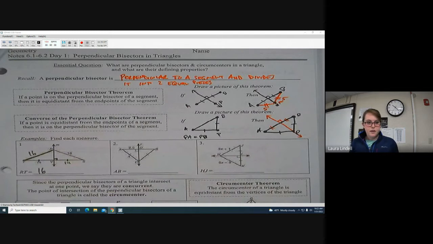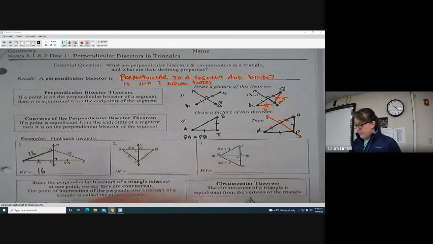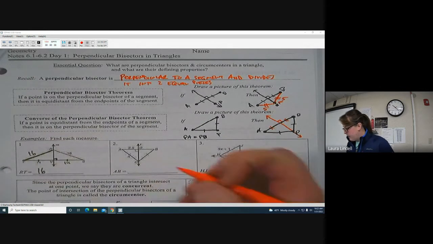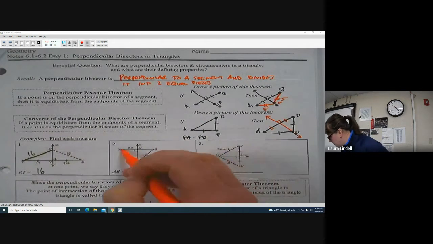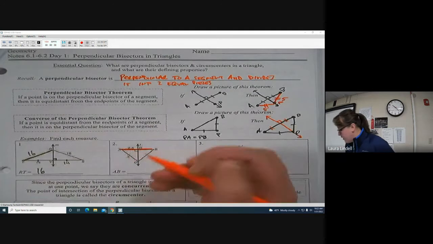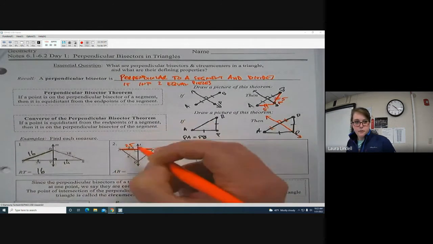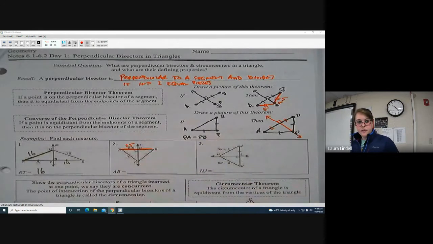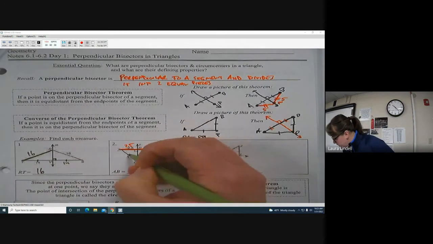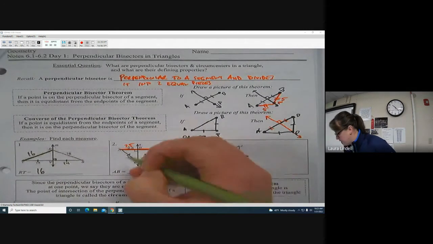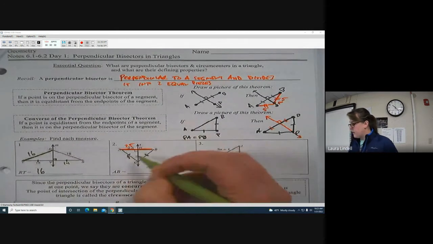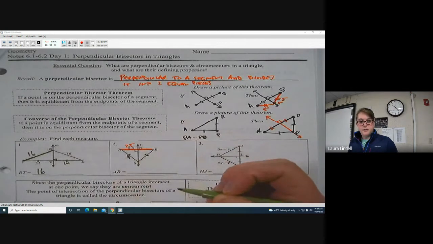Cool. All right, we can do something similar here. In this case, we're looking for AB, this distance right here. And we know that this is 2.5. I'll make that a little bigger because it's kind of hard to see. Then we are also told that this distance is the same as this distance. So this is going to use the converse of the perpendicular bisector theorem.